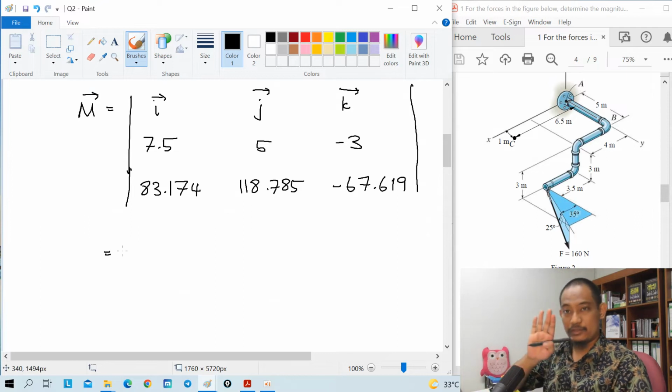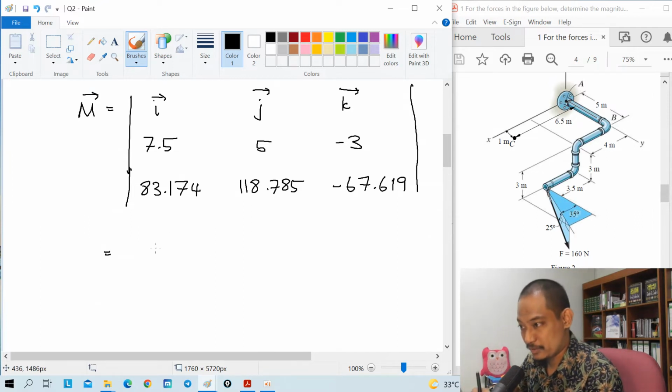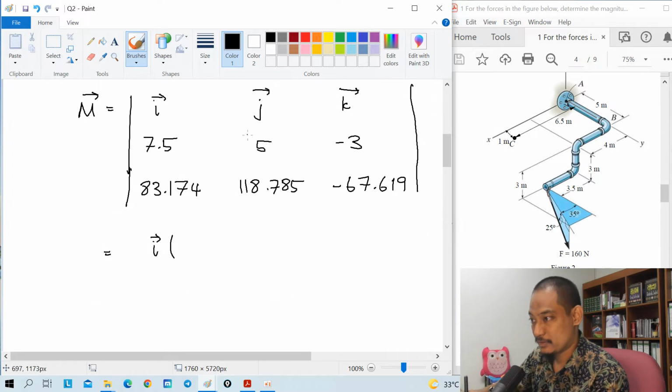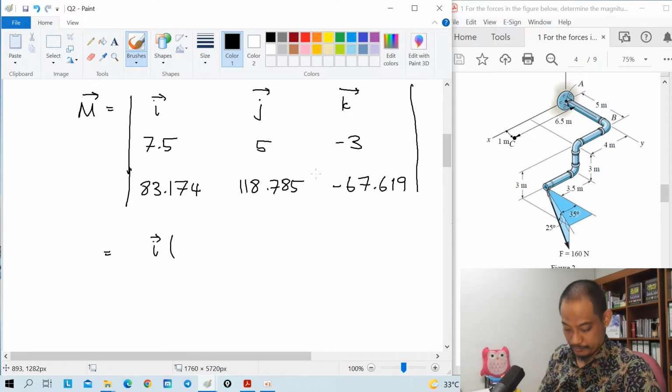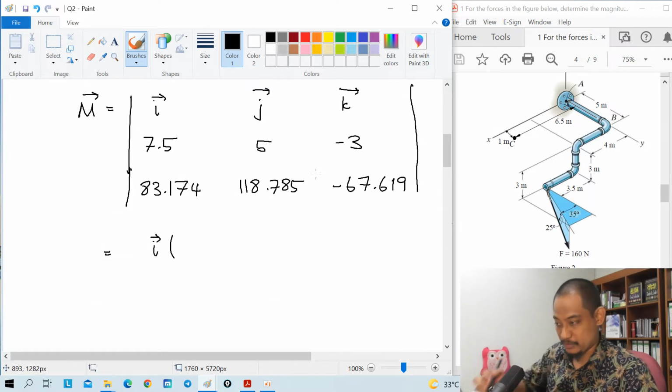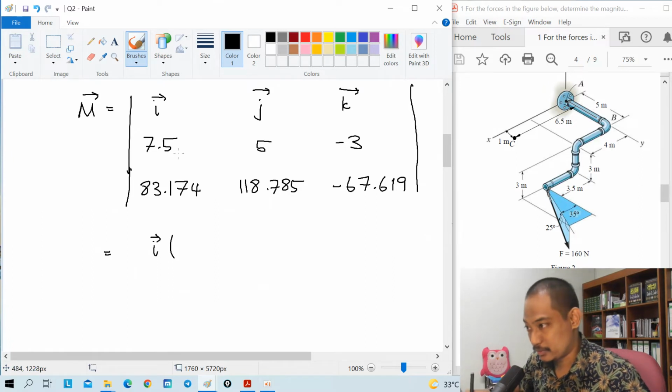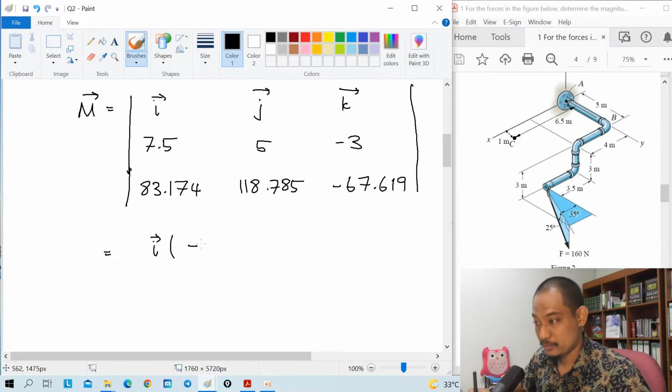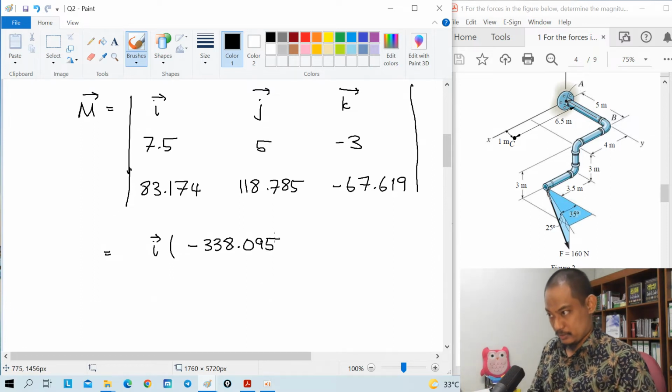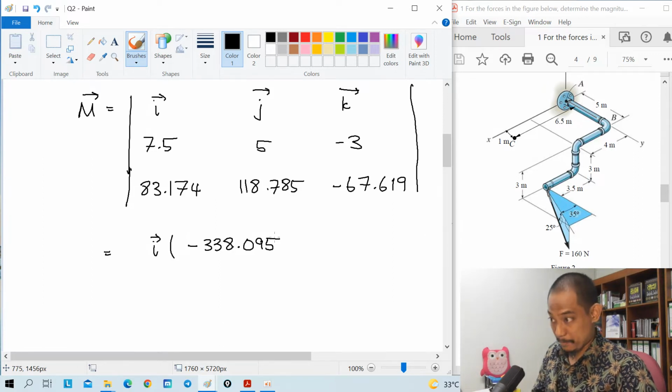If you use the cofactor method, you basically have i here, and then 5 times 67.619, of course it becomes negative, so negative 338.095, and then 3 times 118.785.